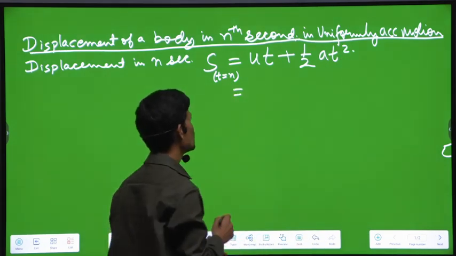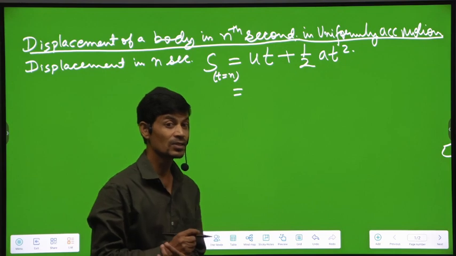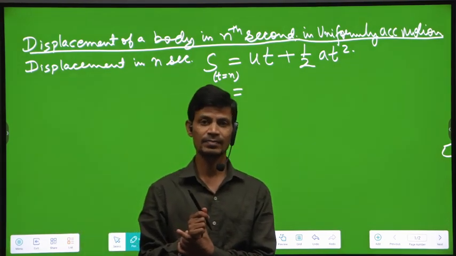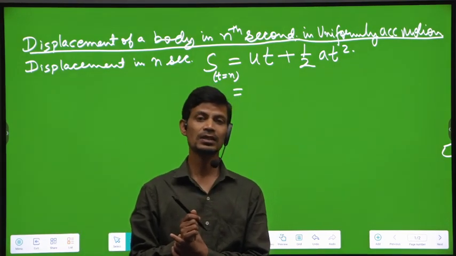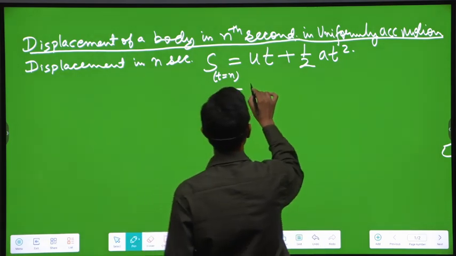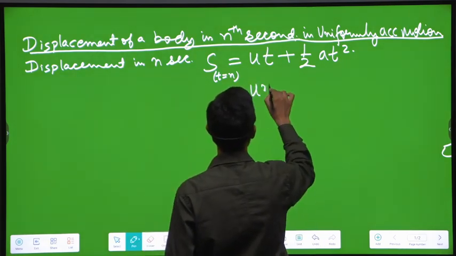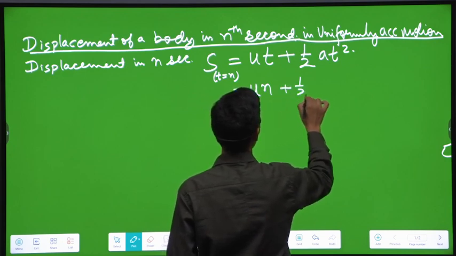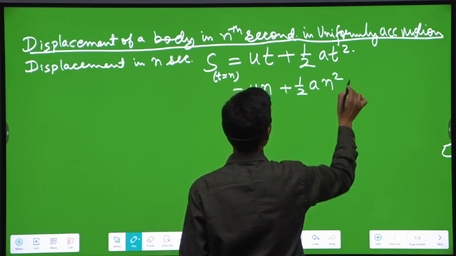In the place of t we will put n. See, this is not the nth second displacement. This is the displacement in all n seconds: un plus half a n square.